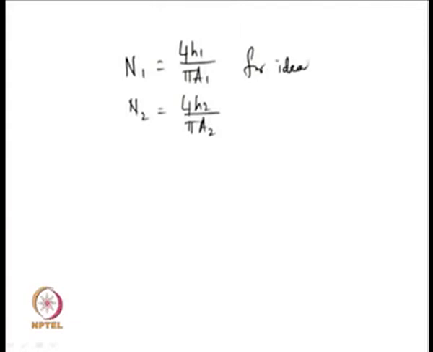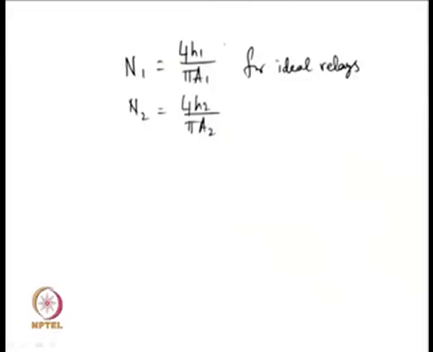Now, N1, as you know, is equal to 4 h1 upon pi a1 and N2 will be equal to 4 h2 upon pi a2 for ideal relays. So, when the relay possesses some hysteresis, in that case these expressions are to be modified.